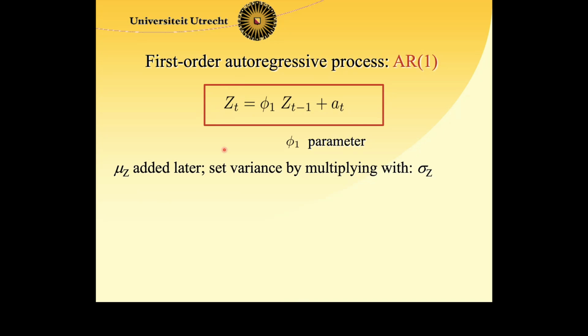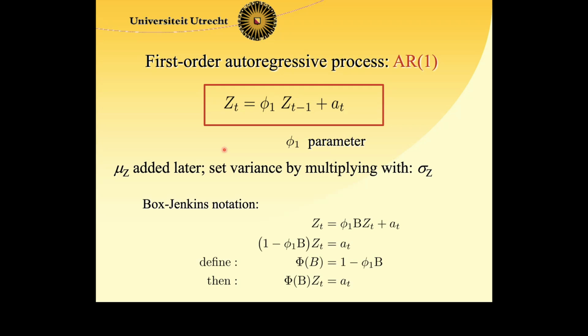Now let's throw some Box-Jenkins algebra at this, right? So we take this: Zt is phi1 times Zt minus 1 plus At. We can replace Zt minus 1 by B times Zt. You can see that here. Then we can move this one to the left side of the equality.